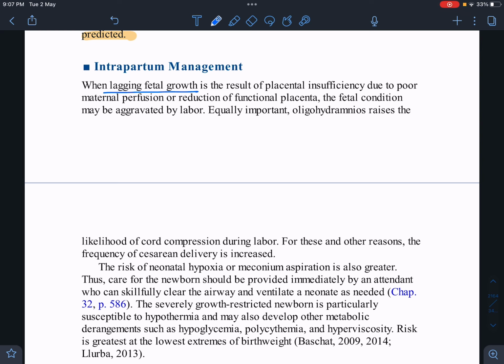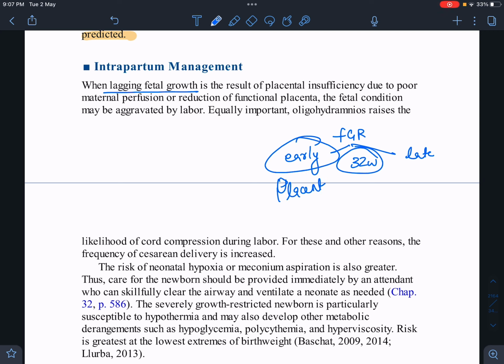Usually lagging fetal growth, which is obviously, I should just tell you here, FGR is early onset and late onset, and this is demarcated by 32 weeks. Early onset FGR is usually due to placental insufficiency, and it's usually easy to diagnose but bad to manage.